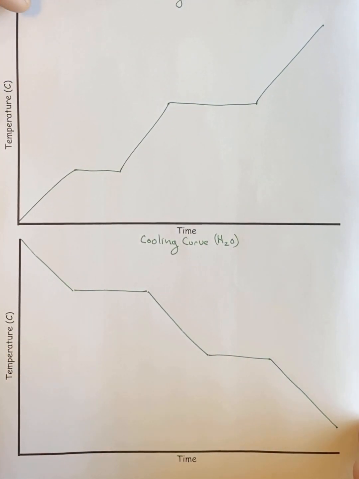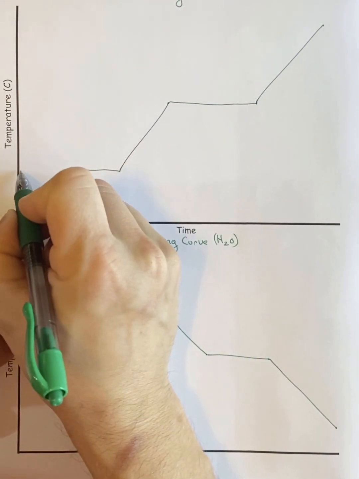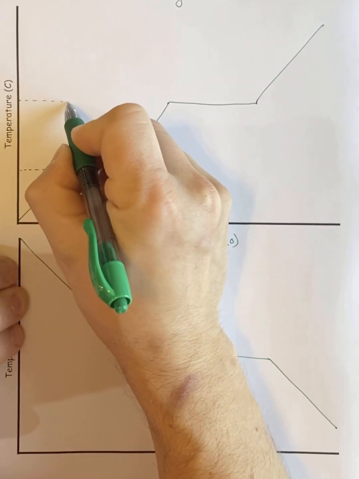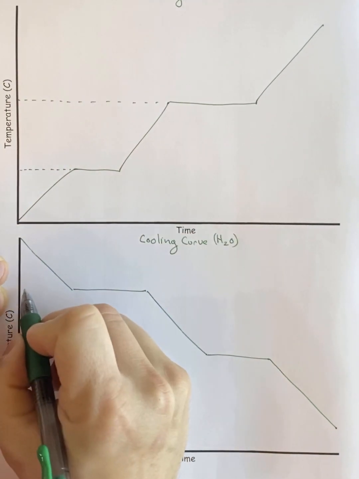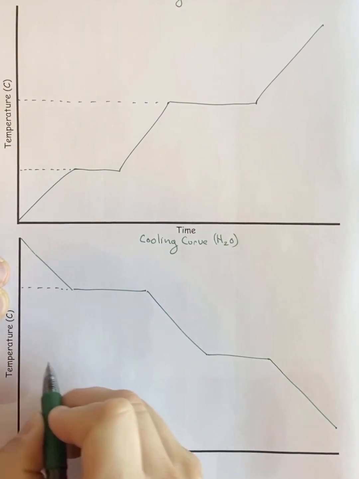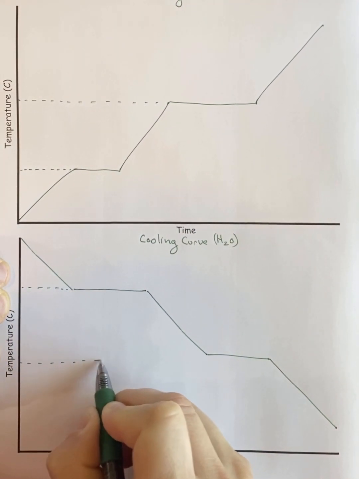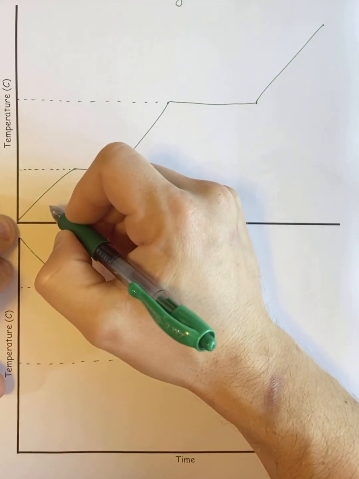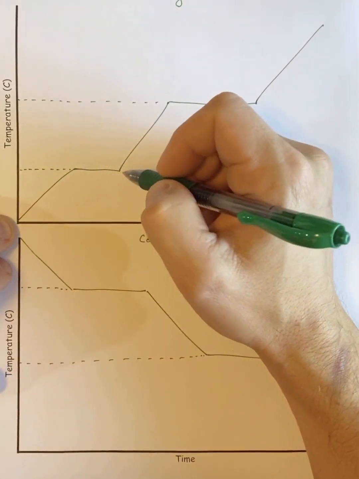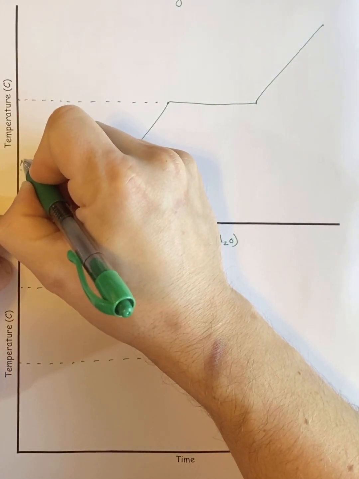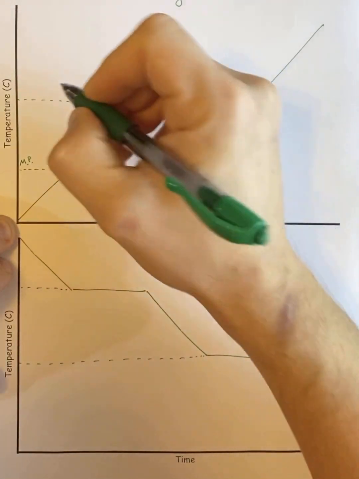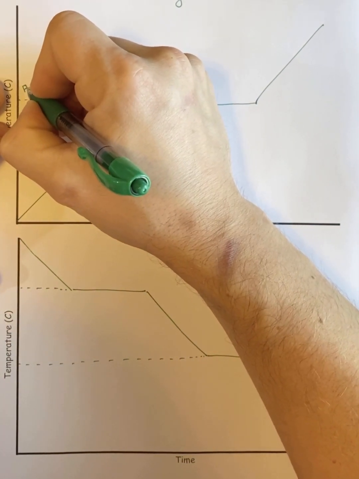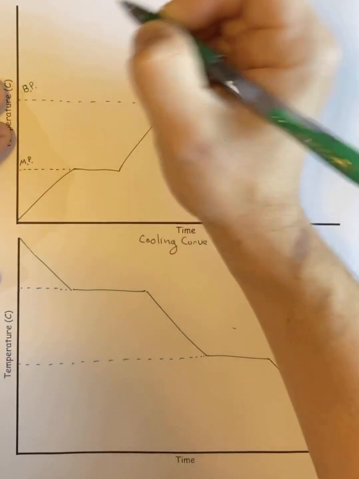So the first things that I like to label when doing these are going to be the flat parts. All right, so now if we think about what's going on, for the heating curve, the first flat part is going to represent the melting point, and then the second one would be the boiling point.